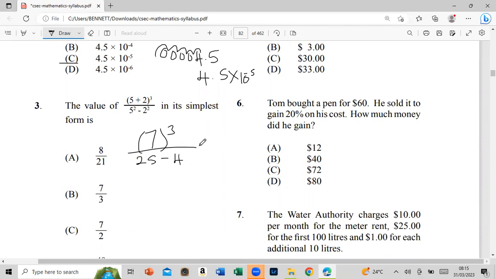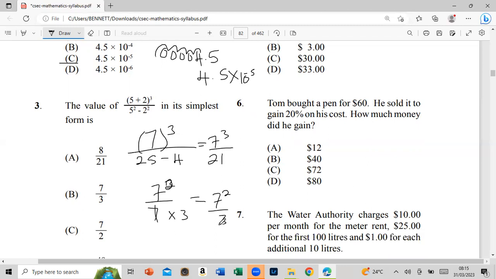So this works out to 7 to the third divided by 21. I'm going to rewrite 21 as 7 times 3, since that's how it works out. And now I can say this cancels and leaves 2. So it will be 7 squared over 3.